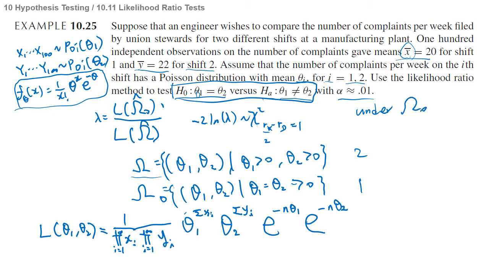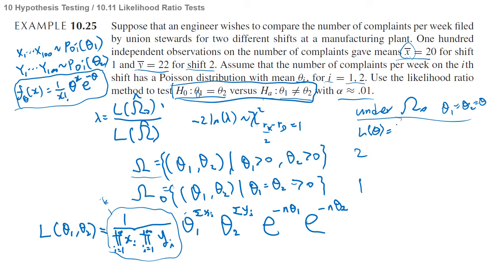omega 0, theta 1 is equal to theta 2. So let's say this is theta. Then under omega 0, L theta is, let's say this is constant k.